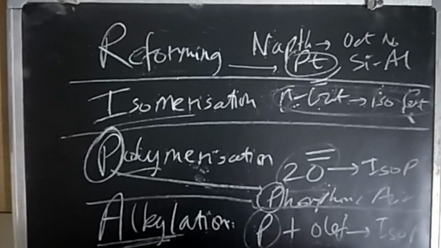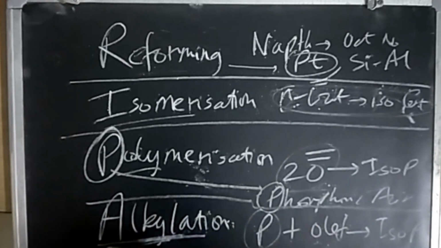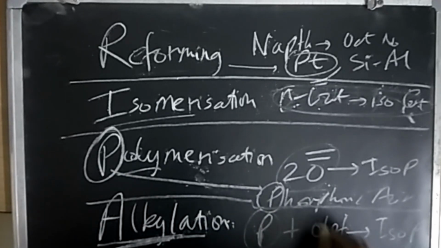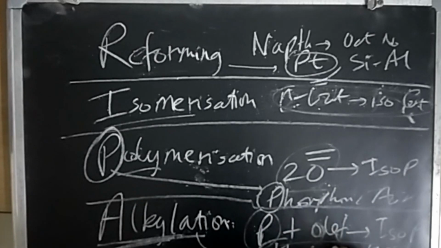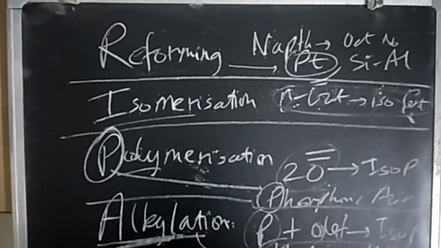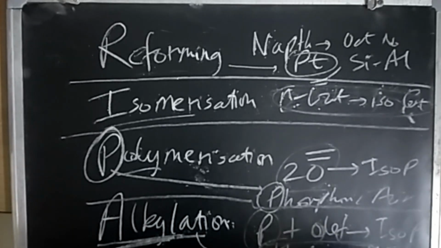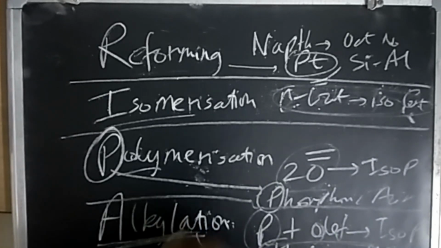To break this double bond we use H2SO4 or HF. One way to remember is that we need an acidic condition for alkylation.